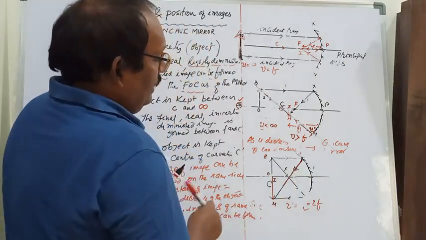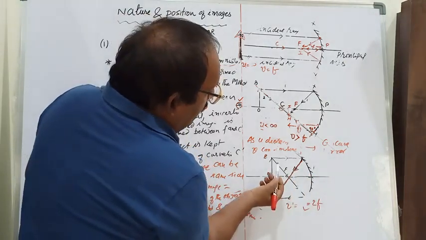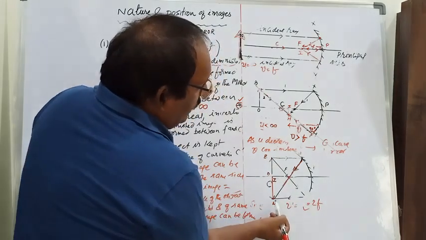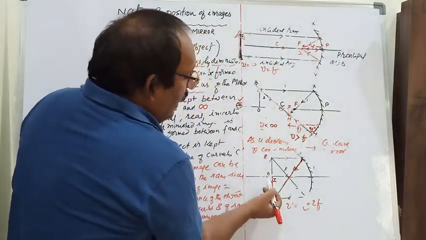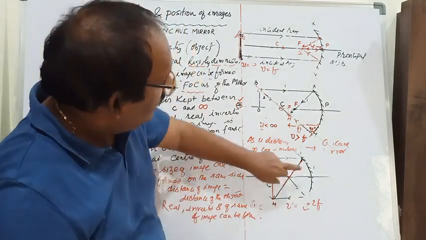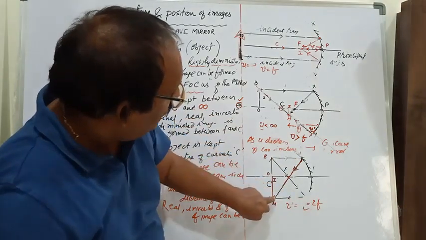Another ray traveling through focus is bounced back parallel to the principal axis. This is one reflected ray, and this is another reflected ray.